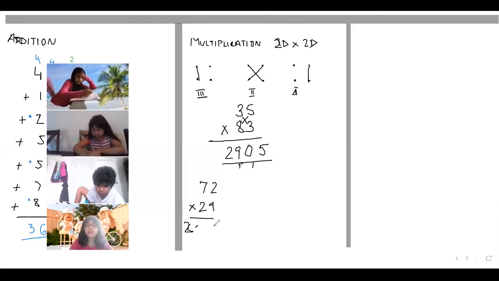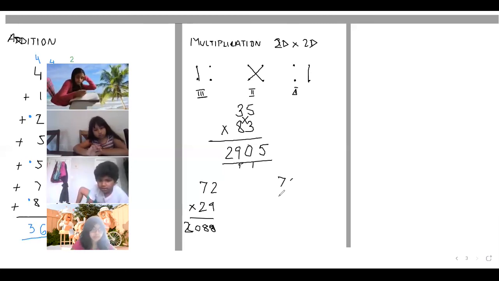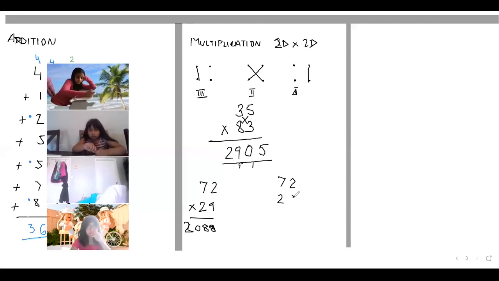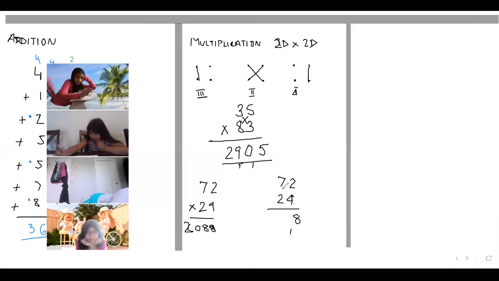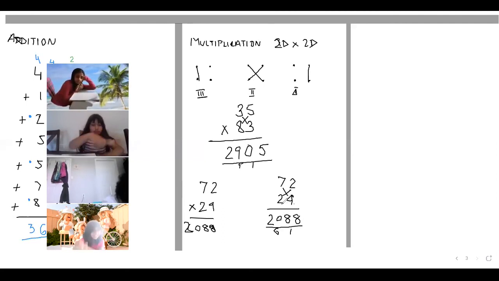Can you show it? You want me to solve it? Okay, no problem. 9 times 2 is 18, so 8 and 1 carry. 7 9s are 63 plus 4 is 67 and 1 from carry, so 68. Last step, 7 times 2 is 14 plus 6 is 20. So the answer is 2088.